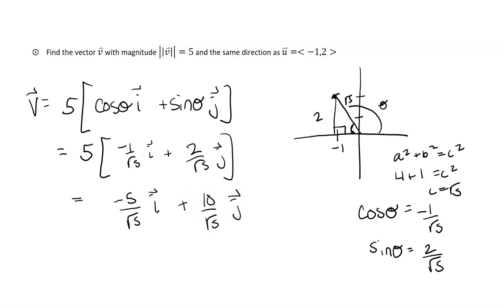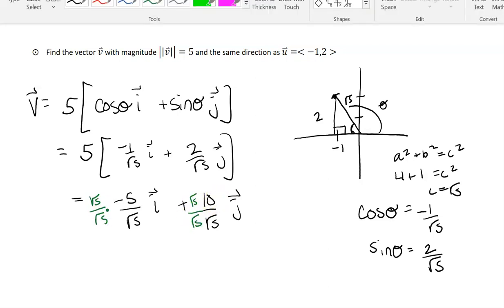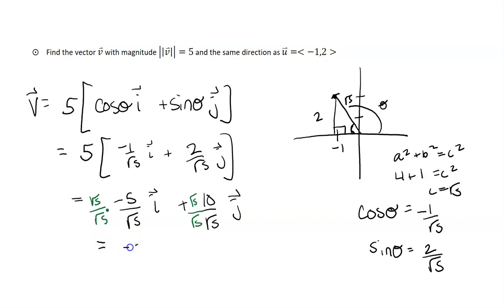And then if you rationalize to get rid of the radicals in the denominator, multiplying by √5 over √5 in both of these cases, you would get -5√5 over 5 i plus 10√5 over 5 j, and of course canceling out, you get -√5 i plus 2√5 j.